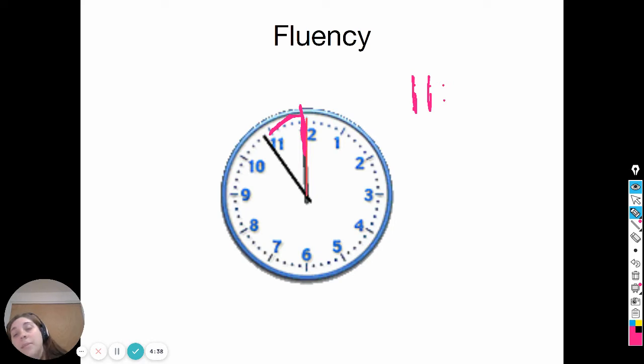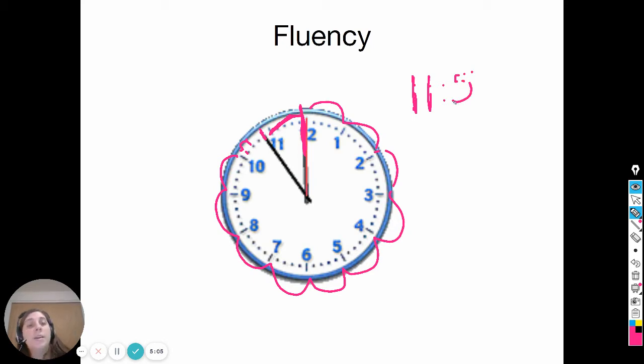Okay, and then we can see the minute hand right here. So we're going to count by 5s and then count by 1s. 5, 10, 15, 20, 25, 30, 35, 40, 45, 50, then by 1s. 51, 52, 53, 54. So right there is 54. So it is 11:54.